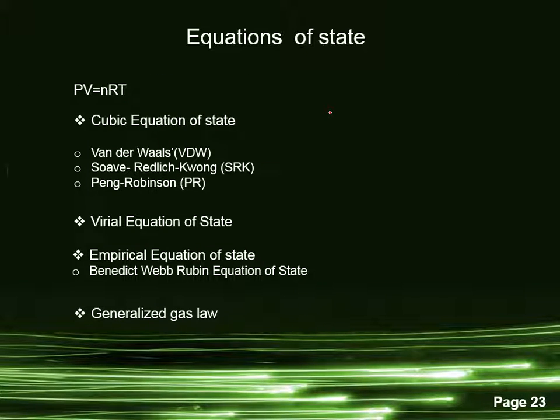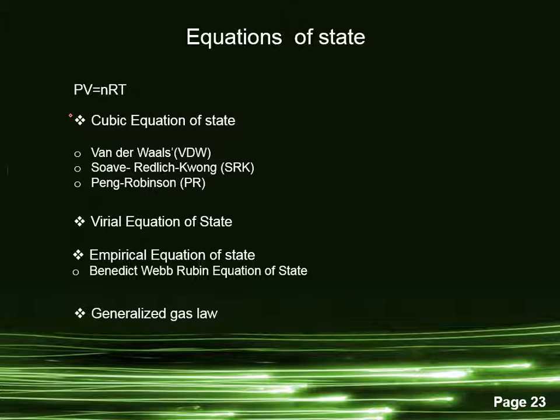So far we talked about equation of state for ideal gas law and van der Waals equation of state for real gas. There are different kinds of equation of state. We can categorize them into four sets of equations. The first of these are cubic equations of state.